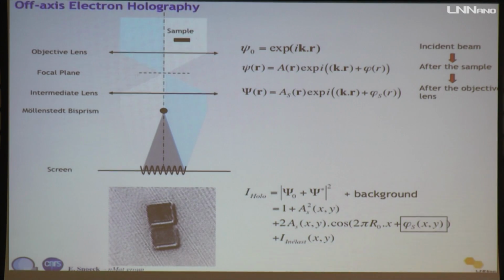Okay. So now, as I explained, you can overlap the beam which has passed in the vacuum, the reference beam, with the beam which has been phase shifted after interaction with the material, and then you get a hologram.